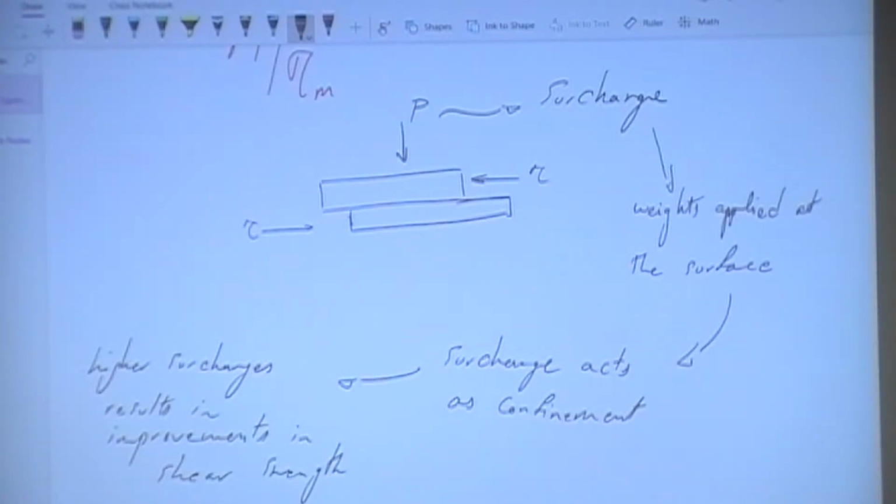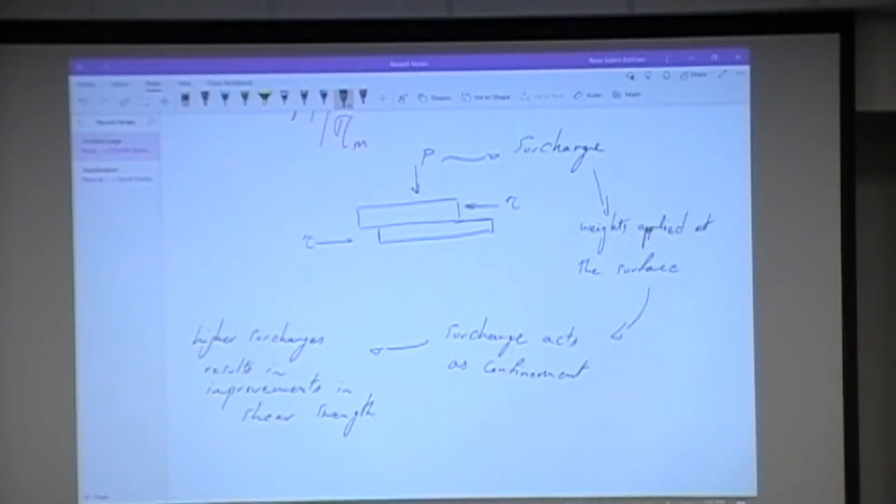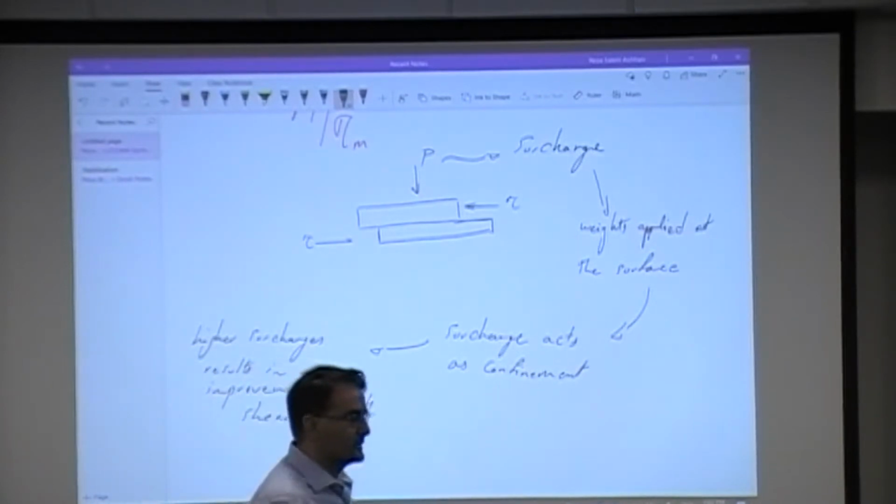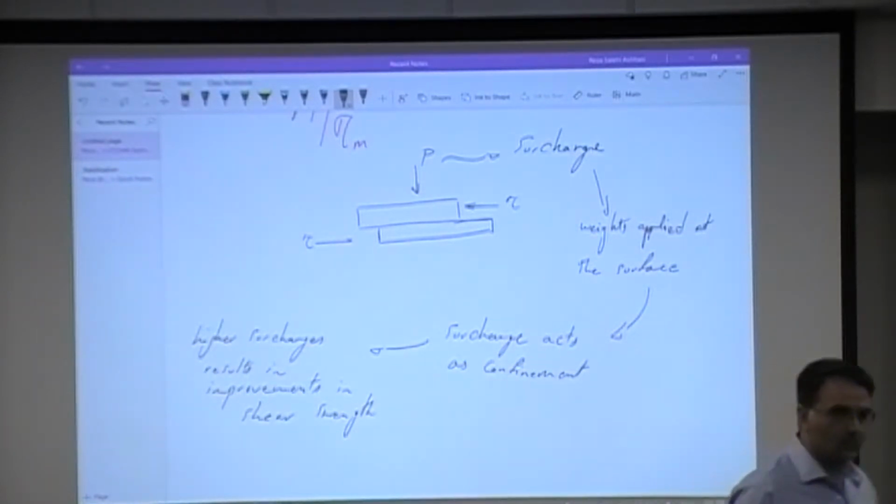Higher surcharges, higher weights, result in better interaction between the particles, improve the interparticle frictional forces, and therefore improve the shear strength of the soil.